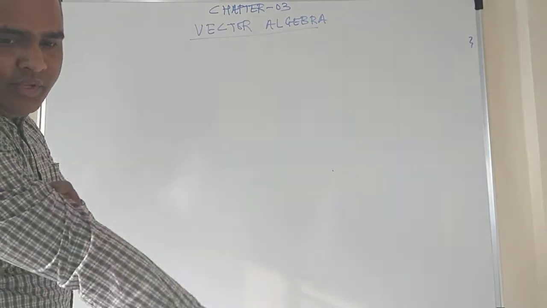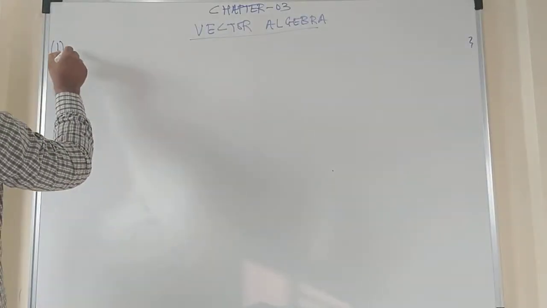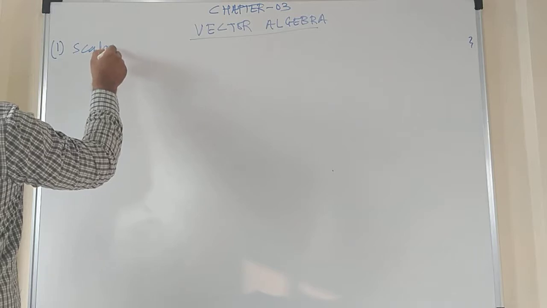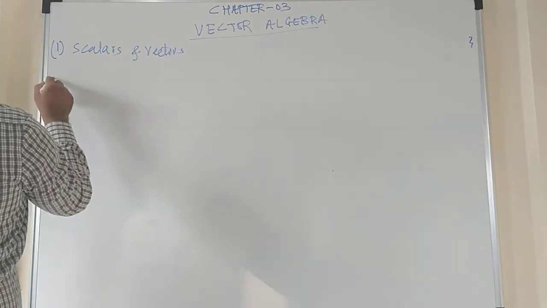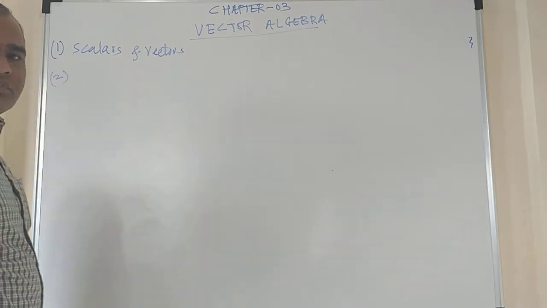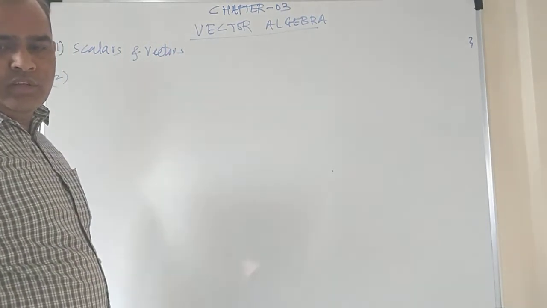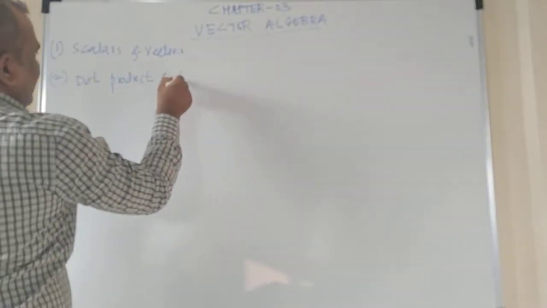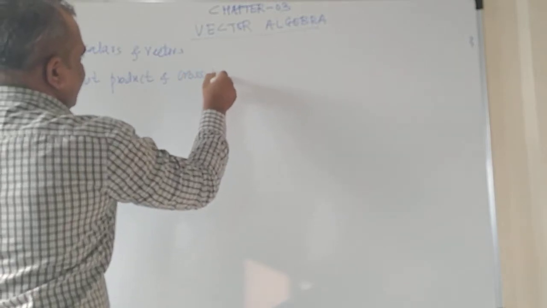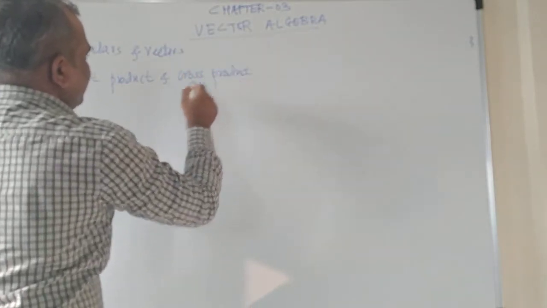Fine. So the very first thing that we have to study is the definitions of scalars and vectors. So I can just write scalars and vectors. The second topic that we have to study is the dot product and cross product. This is the second topic.